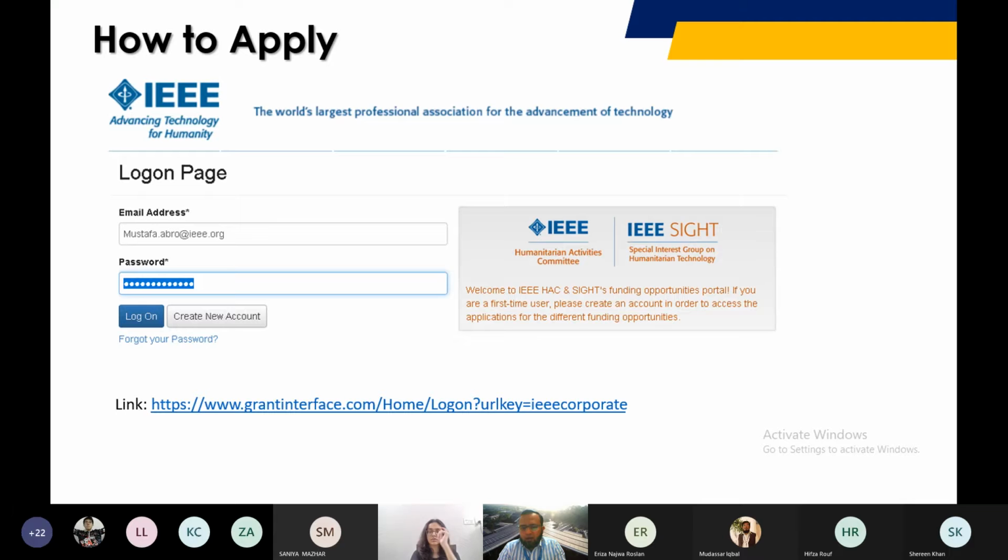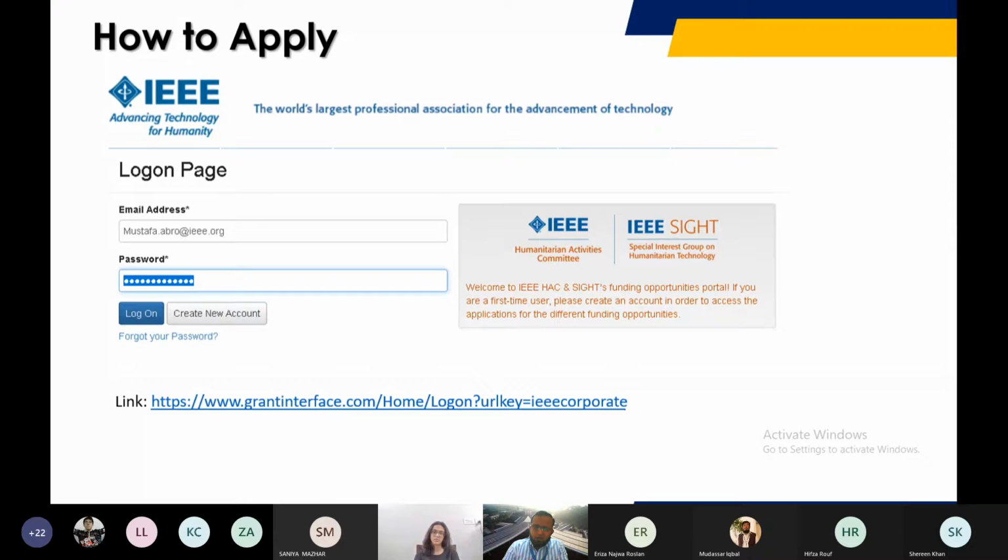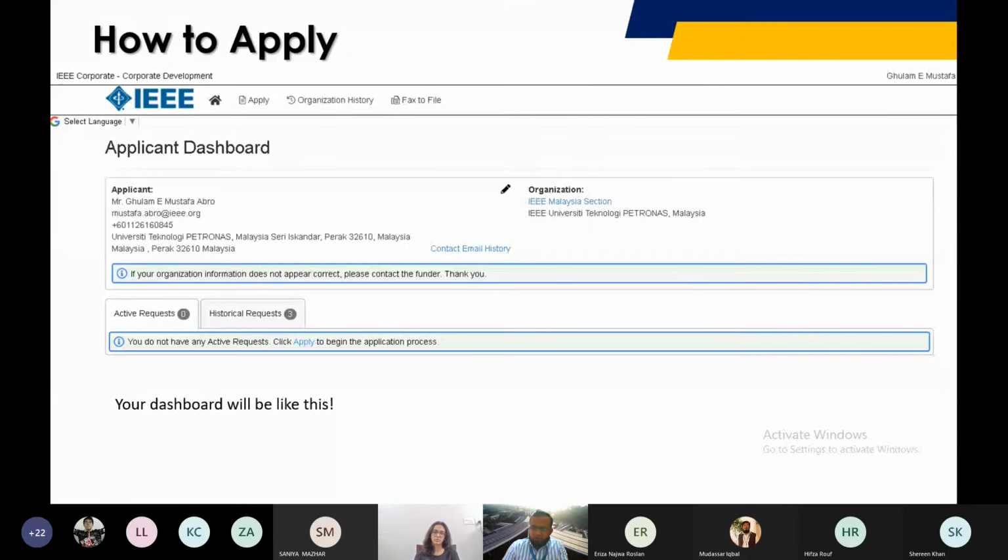But now, as the rule has changed and the senior member should be the primary applicant, you have to ask the senior member to log in on this particular page. Once the primary applicant, who is a senior member, logs in on this page, it will direct you towards the dashboard.